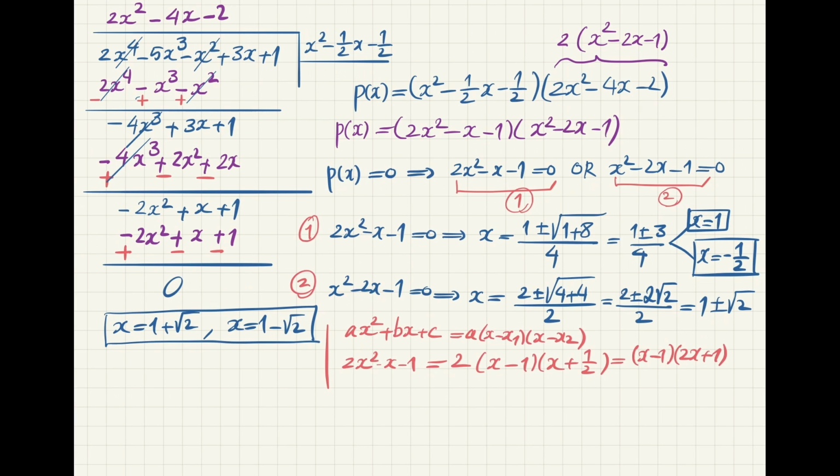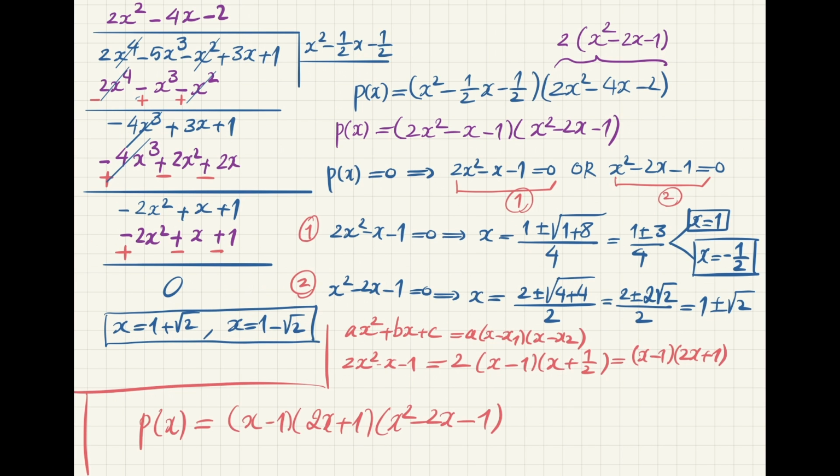So if you are interested, which is not of course part of the problem, in fully factorizing your polynomial over the set of integers, I would say that this would be your answer. It would be x minus 1, 2x plus 1, and then x squared minus 2x minus 1. Yes, so that would be the fully factorized form of your polynomial.